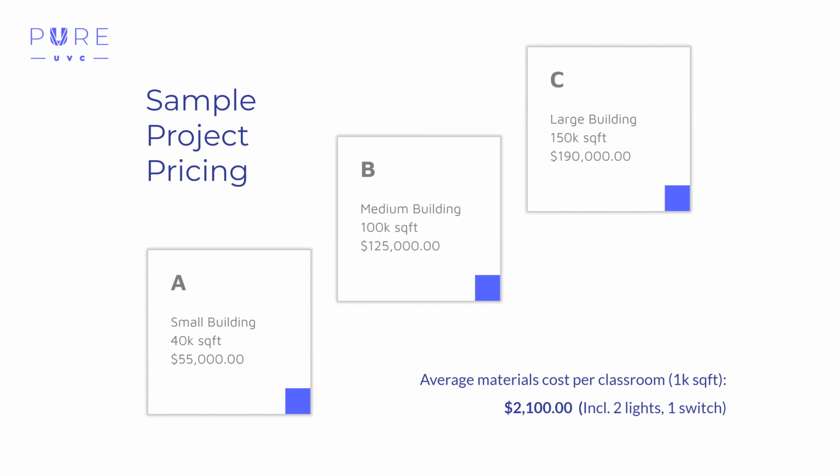Then you have a small building, about 40,000 square feet. It's going to be about $55K. A medium building, about 100,000 square feet, at $125K. And a larger building at about 150,000 square feet, about $190K. Again, very minimal rise to utilities. It's literally fluorescent technology here.